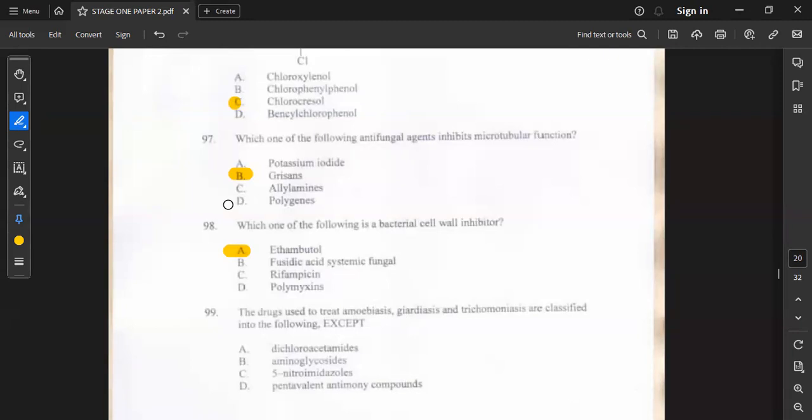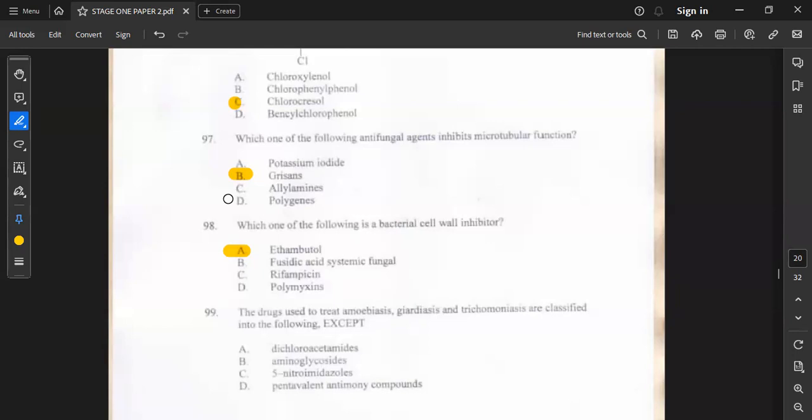Number 99, the drugs used to treat amoebiasis, giardiasis, trichomoniasis are classified into all the following except: dichloroacetamides, aminoglycosides, 5-nitroimidazoles, pentavalent antimony compounds. So amoebiasis, giardiasis, trichomoniasis. What is the one common thing?